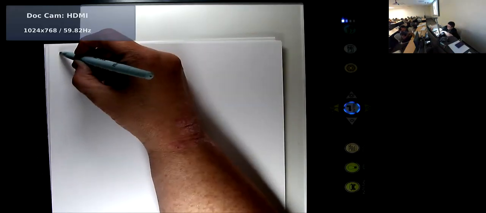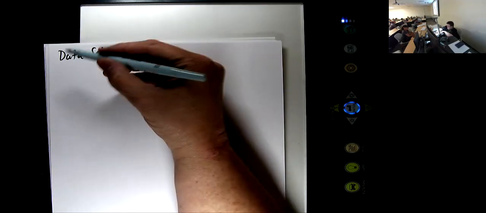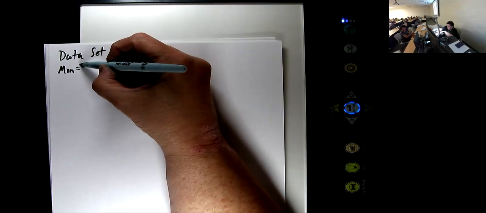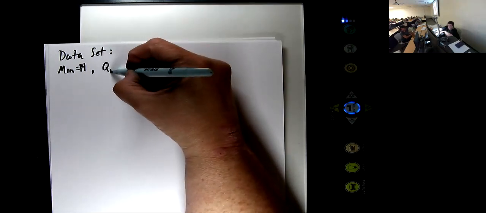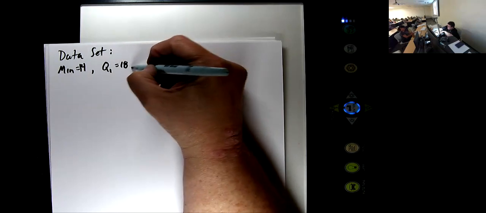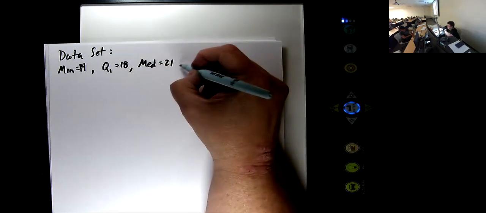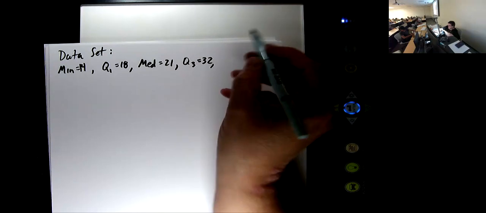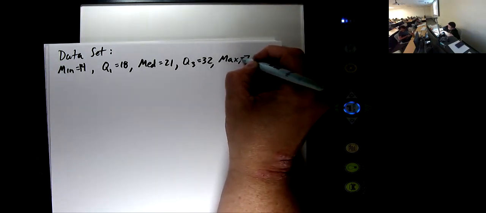It's the same way we've done everything in this chapter: stats, summary stats, columns. So for our data set, my min was 14. My Q1 was 18. The median was 21. Q3 was 32. Max was 79.